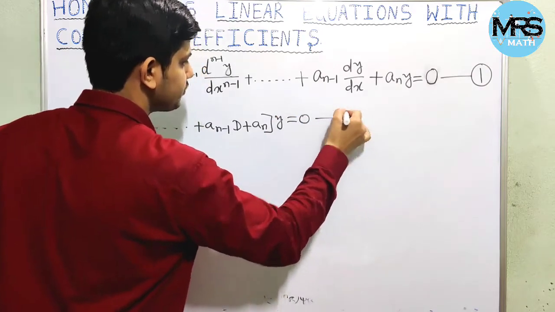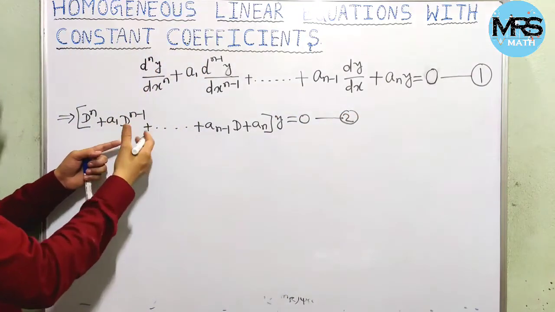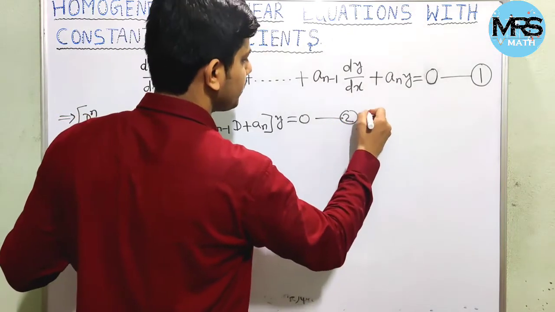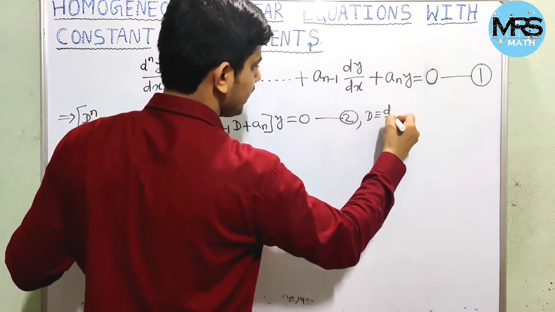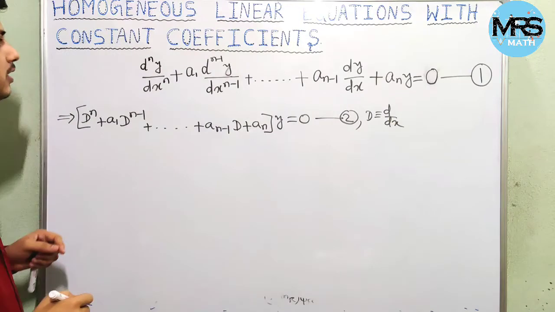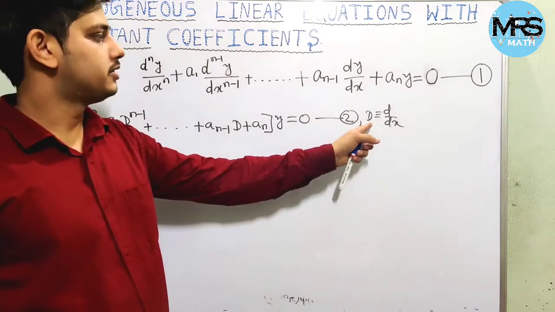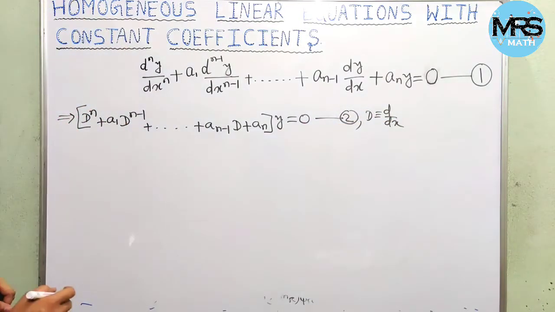Let us say this is equation number 2. How did I replace it? Because we know that D is nothing but d by dx. This is a differential operator, so this D stands for d by dx, okay?